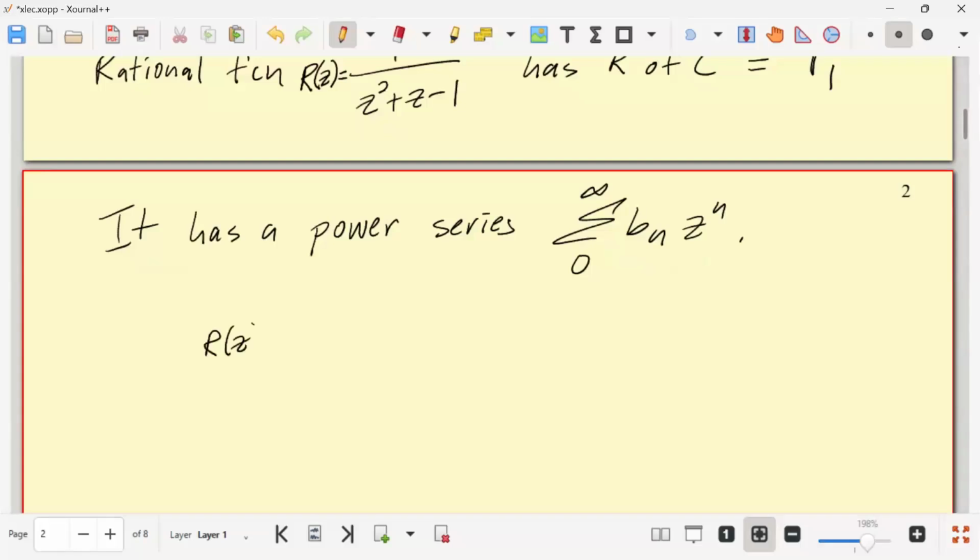R of z equals 1 plus z times R of z plus z squared times R of z.